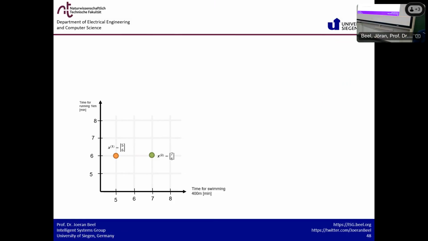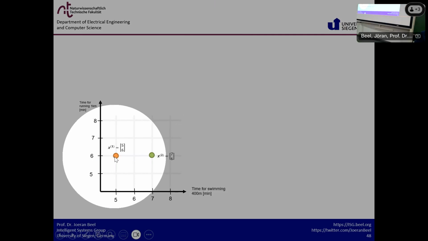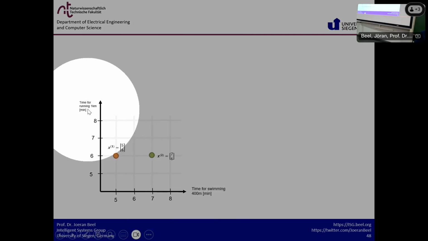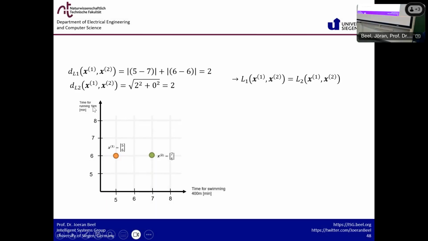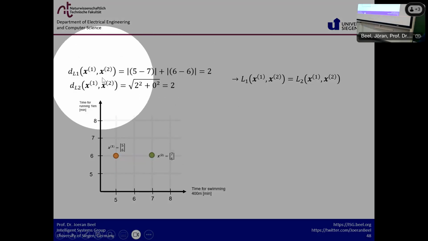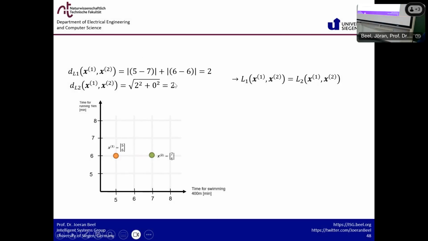To illustrate what this means, suppose you have 2 persons and the features you have are the time for swimming and the time for running. Then you could calculate the L1 distance and the L2 distance, which in this case are the same.